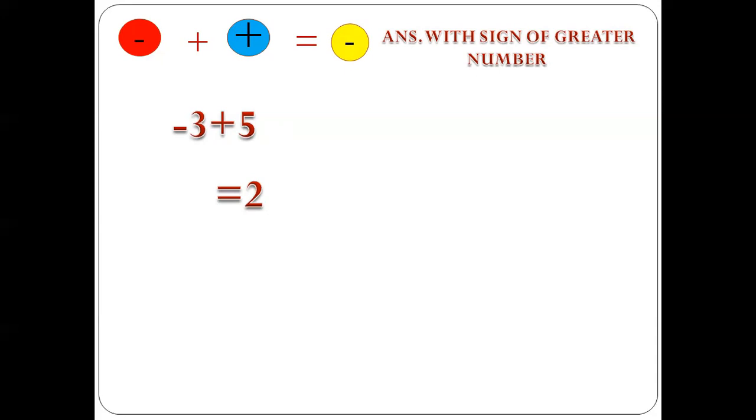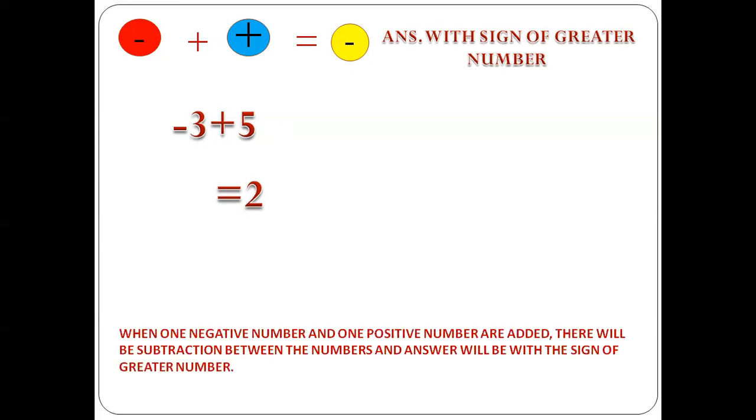So with one negative and one positive number, when they are added with each other, there will be subtraction between them, but the answer will have the sign of the greater number. So again, when one negative number and one positive number are added, there will be subtraction between the numbers and the answer will be with the sign of the greater number.